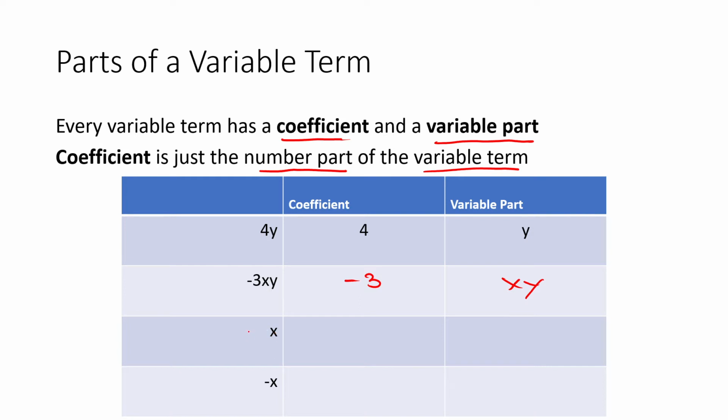How about x? What is the coefficient of that? Well, think of this. The variable part of x is x, right? But what is our coefficient? Well, the coefficient is going to be 1. Okay? Remember this lesson from identity property. 1 times x is equal to x.